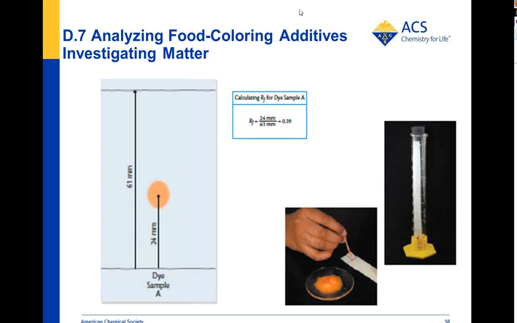What we use for dye samples here, because we're looking at food additives, is we use M&Ms, Skittles, and food coloring. Now, I have the kids do this in a well plate, and I come by and I put a drop of one color, let's say red, dye in one well, and in the next well I give them a red M&M, and in the third well they get a red Skittle.